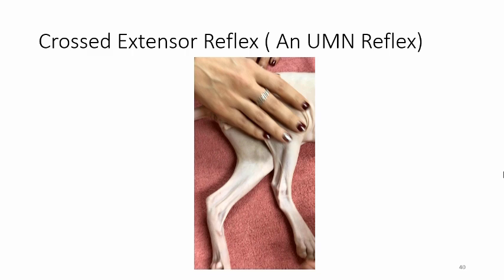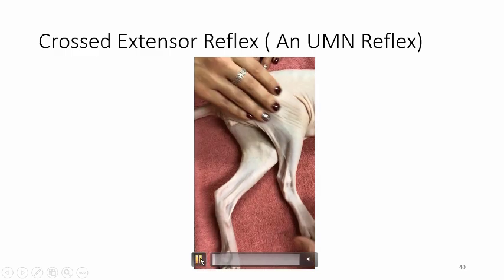Why is that important to know? Well, if it involves something else, then the crossed extensor won't be positive. But this is the test that I'm using in the front legs a lot of times to determine if my large breed dogs have wobblers. Because the only thing that's going to give you a crossed extensor in the front legs is a lesion between C1 and C5. So let's look at this. This is a cat, actually, that had atlantal axial subluxation.